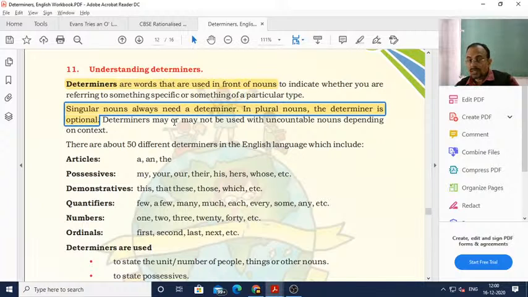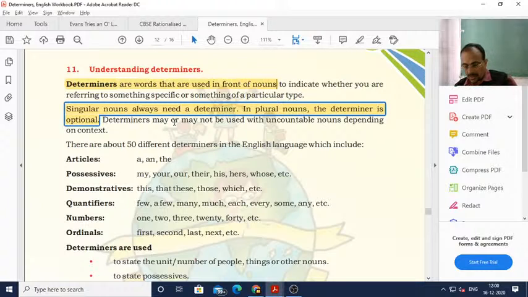Like plenty of water, plenty of courage. Water is an uncountable noun, sugar is an uncountable noun. So determiners may or may not be used with uncountable nouns depending on the context.